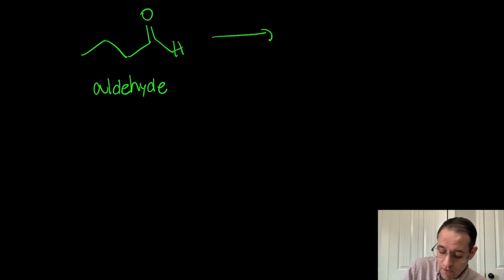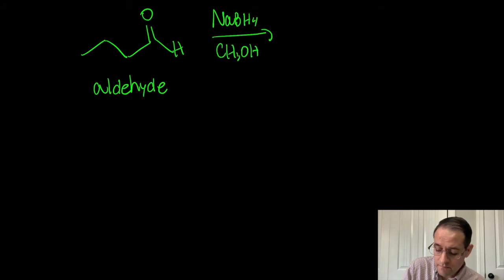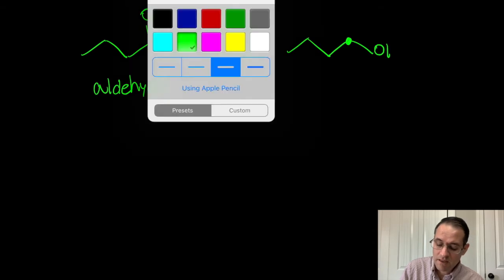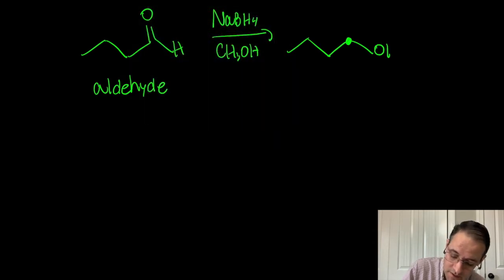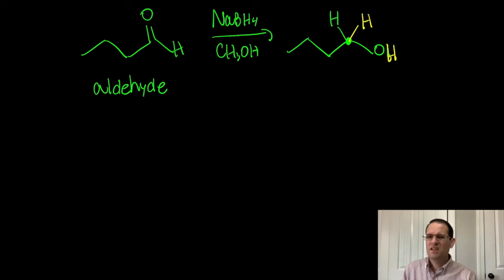If we treat this with sodium borohydride in methanol, I'm going to color code my hydrogen here, so you can kind of keep track of what's going on. So remember that the aldehyde already has a hydrogen attached to that carbon.